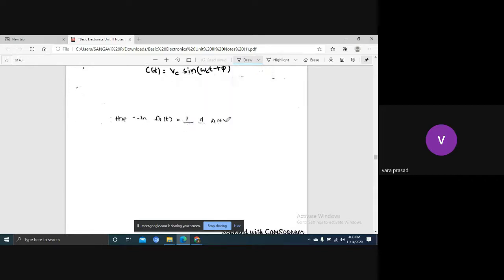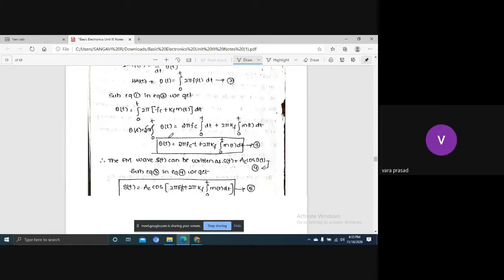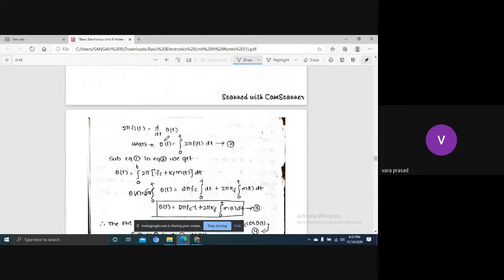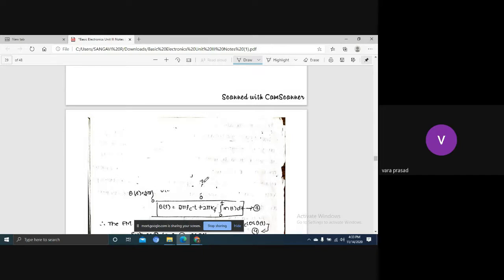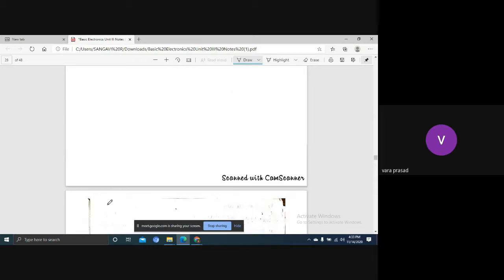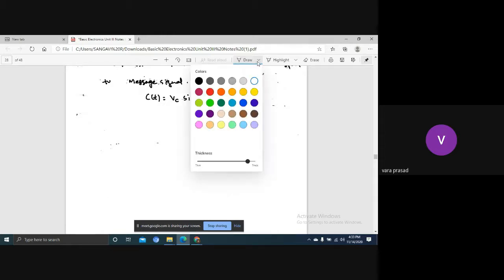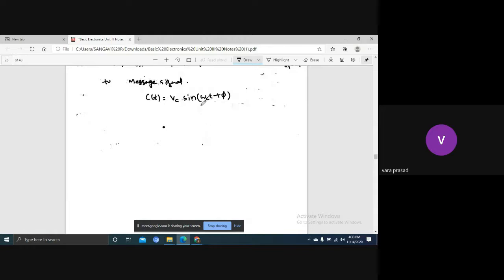Then the carrier signal and the message signal: message signal m of t is equal to Vm sine omega mt plus phi.